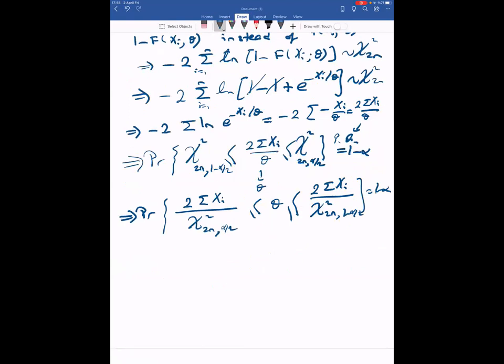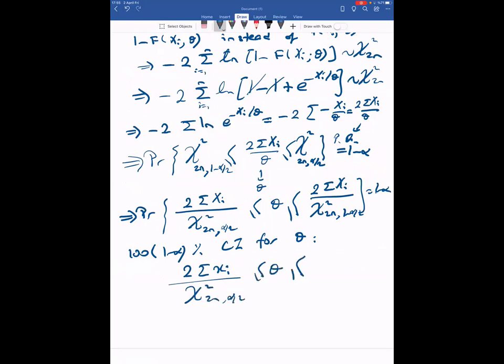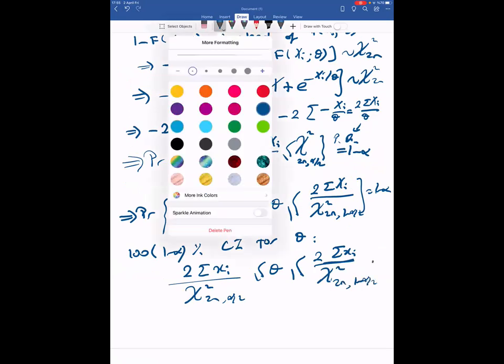Okay, don't forget, we then write the confidence interval for theta by replacing random variables with the observed ones: 2 times the summation of xi over chi-square 2n at 1 minus alpha over 2, and over chi-square 2n at alpha over 2.